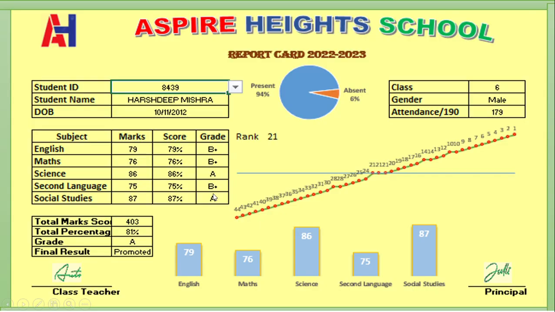I used the VLOOKUP formula so that if there are any changes in the table with respect to students, some students might join afterwards or some students leave, or after recorrection, if the marks have increased or decreased, that will also be dynamically shown here.